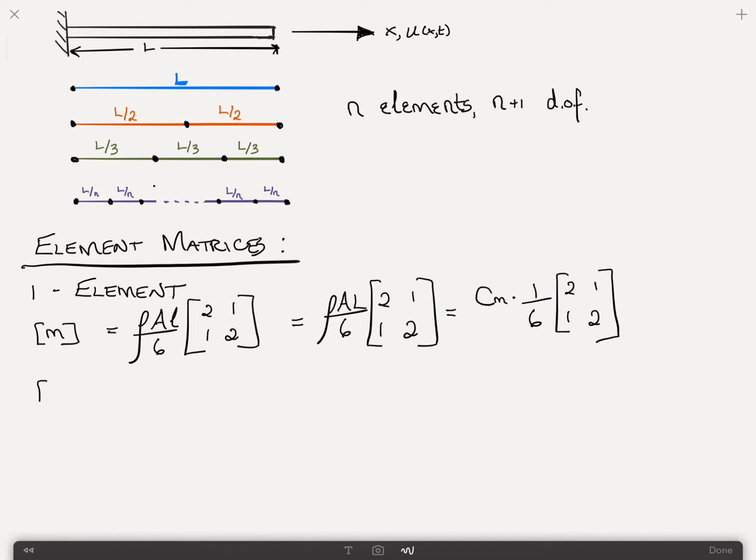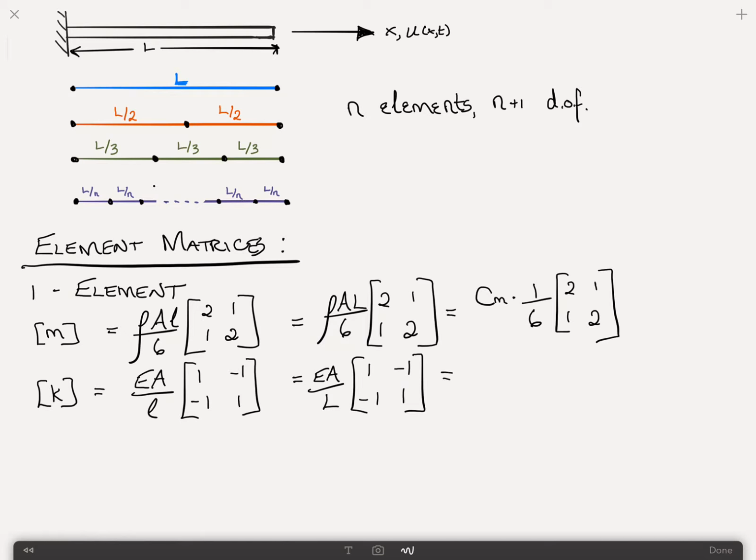Similarly for the K matrix, which is equal to E times A divided by little l, times 1, minus 1, minus 1, and 1. And again, little l is equal to big L for the case of one element, so this would be E A over capital L times 1, minus 1, minus 1, and 1. And I will call that CK.